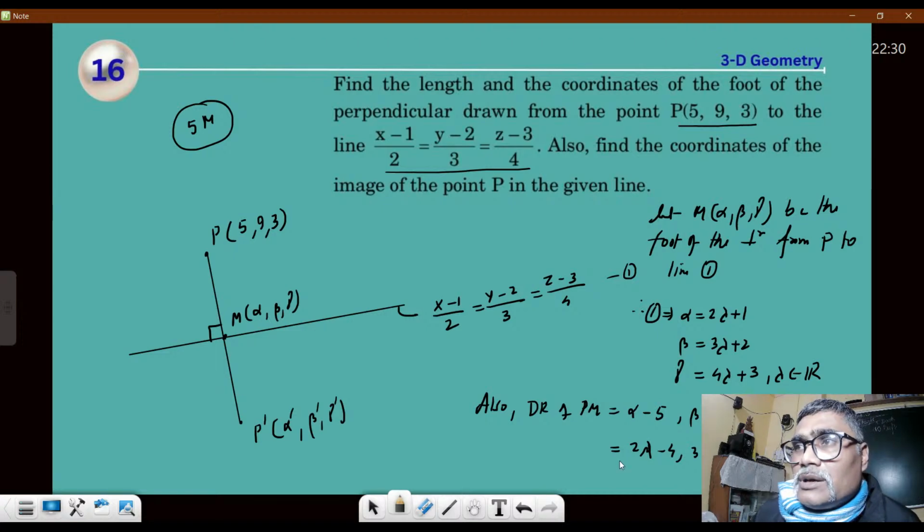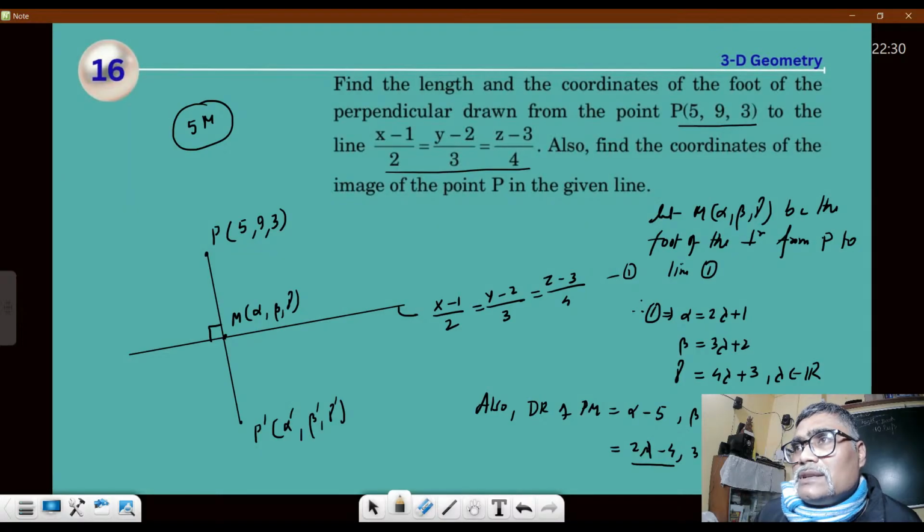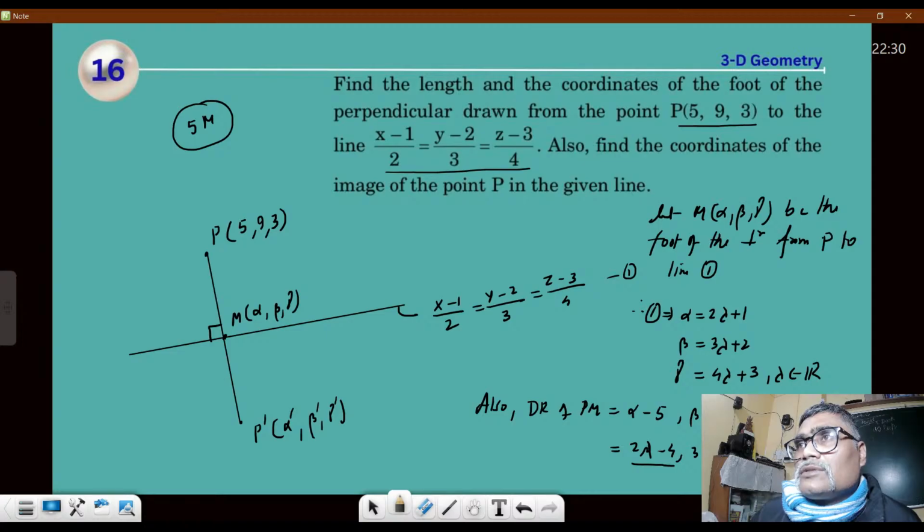So 2 lambda minus 4 into 2, plus 3 lambda minus 7 into 3, and then 4 lambda into 4.